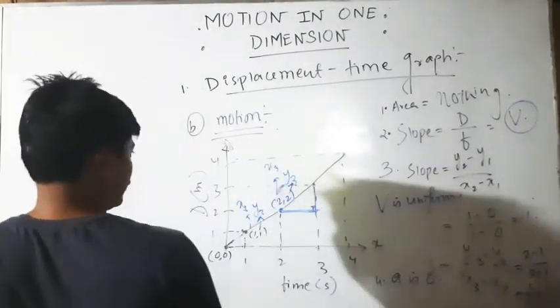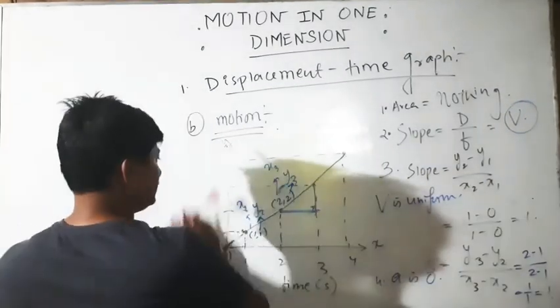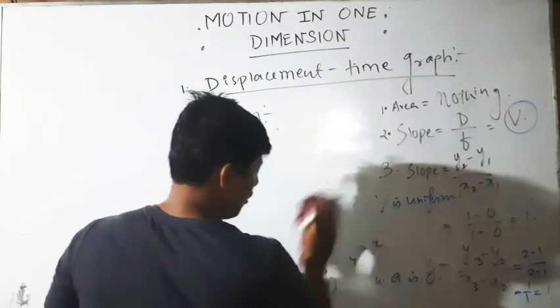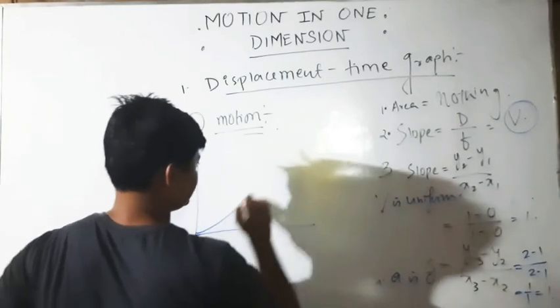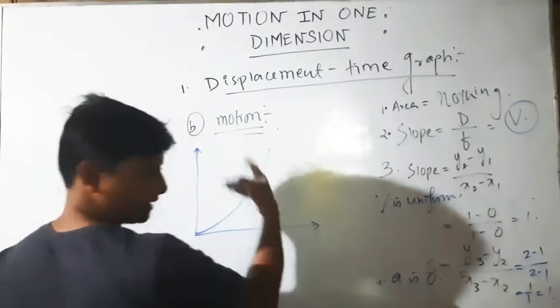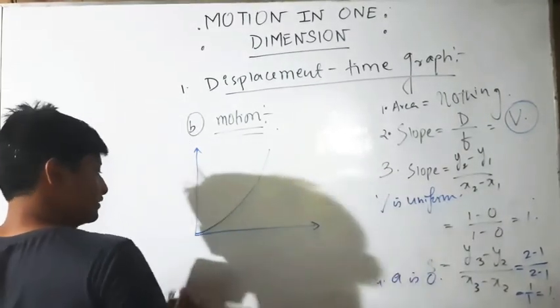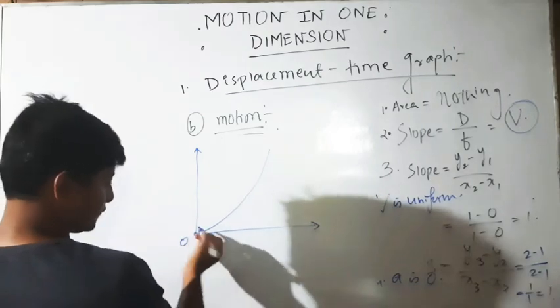Now come to the third graph. Say the graph for motion appears in this manner. What does it represent? Here also the graph starts from 0.